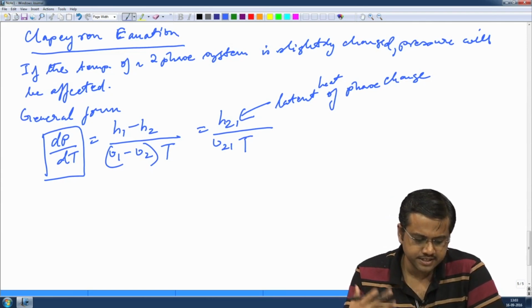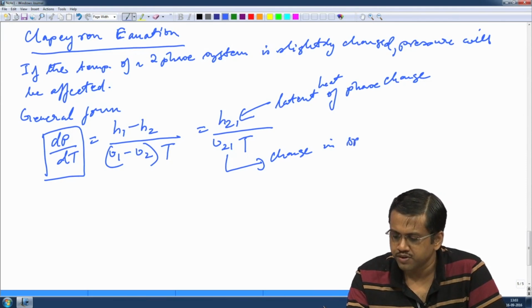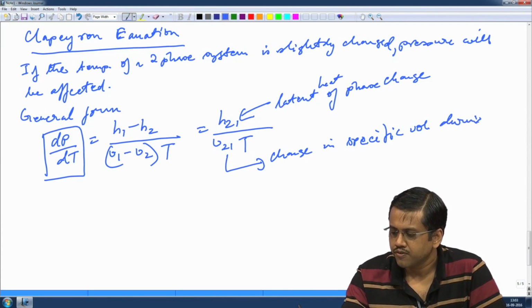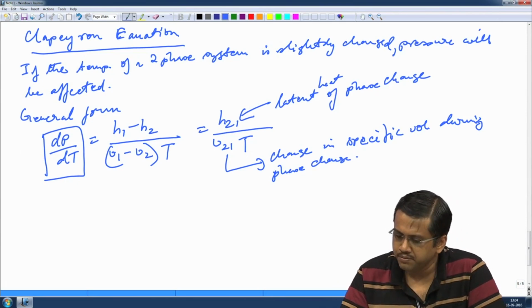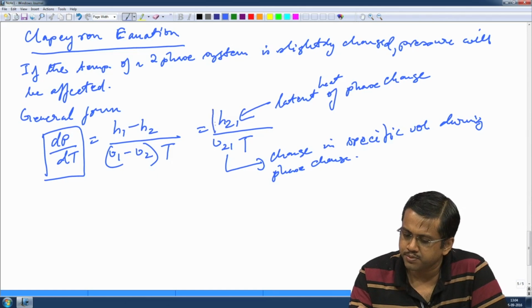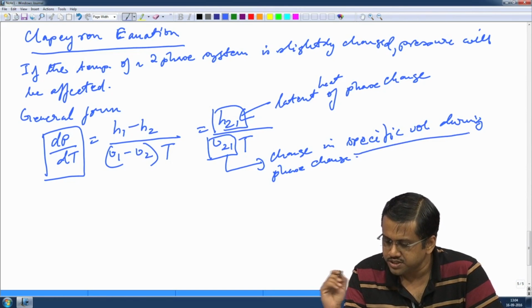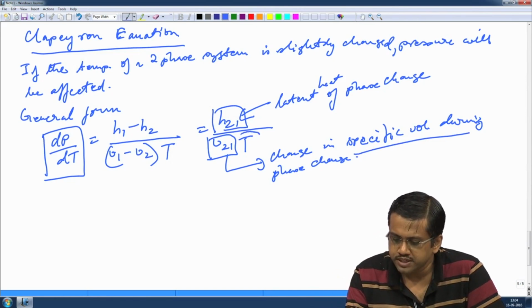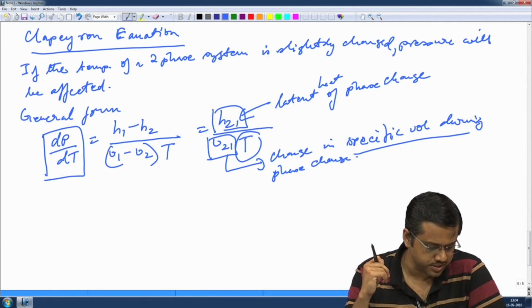So, it is the latent heat due to the phase change, and this one is the change in specific volume during phase change. This is a unique relationship: if you know the latent heat of phase separation, the specific volume change during the phase change, and the temperature at which the phase change happens, the change in pressure and the change in temperature can be related to each other.